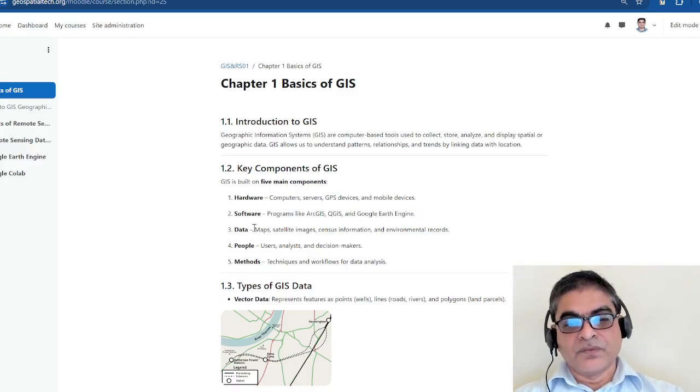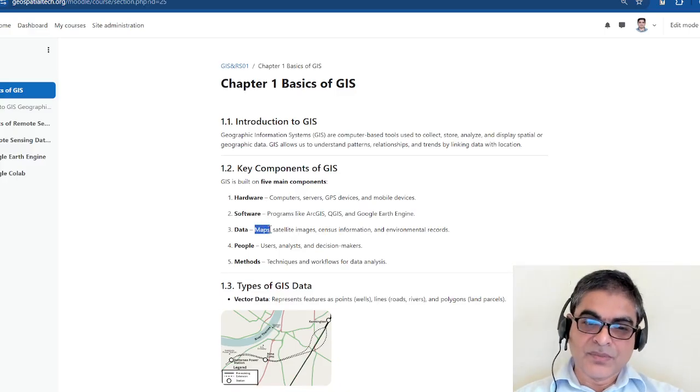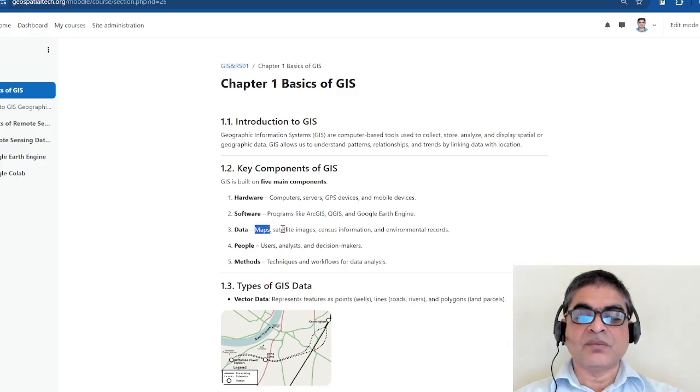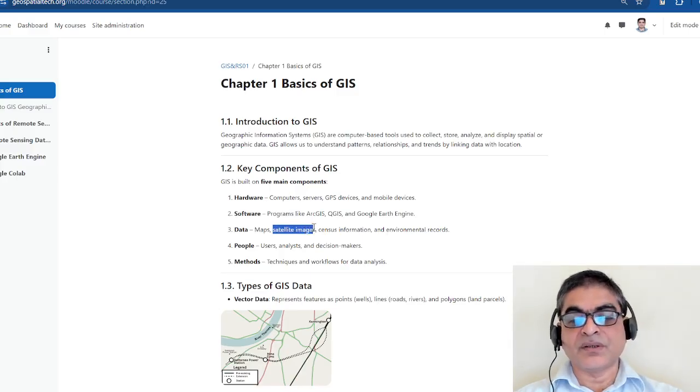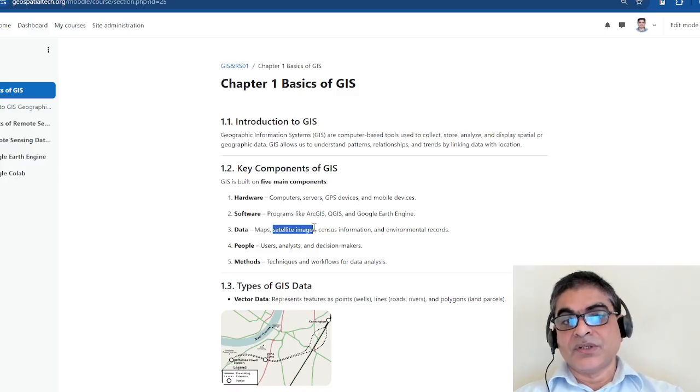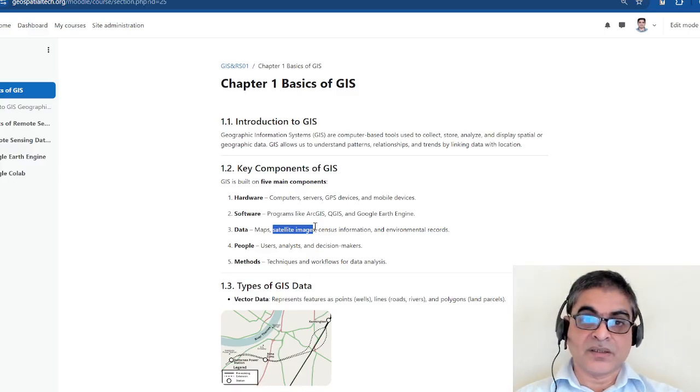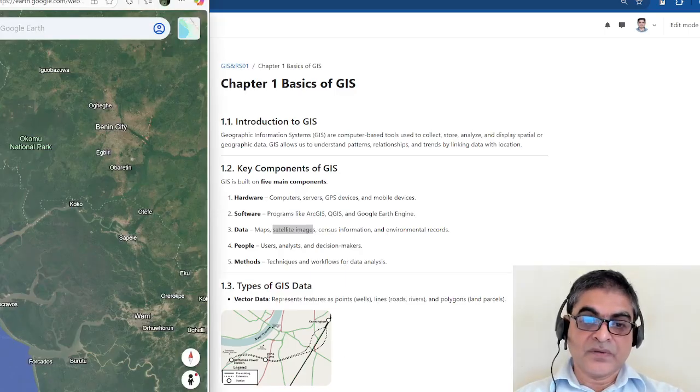And then of course we need the data. We may need maps, but in GIS the most important is satellite images. These satellite images help us to collect the data, because satellites are collecting much more information, and this information is very useful.